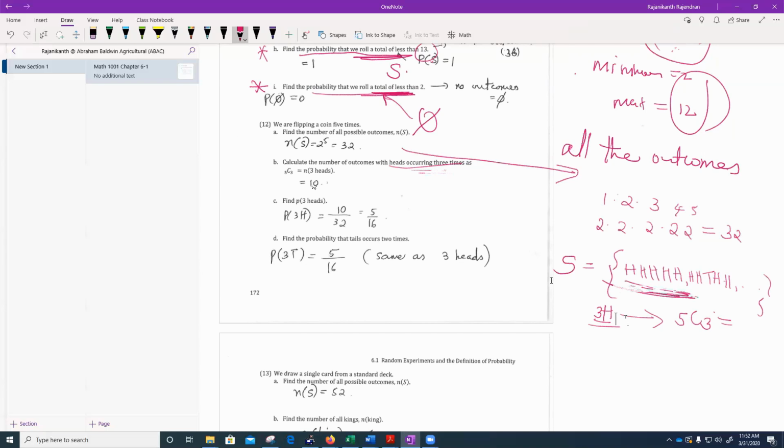So once you know the number of 3-heads outcomes, this is my event E, getting 3 heads. Okay, this is our event E for this problem.